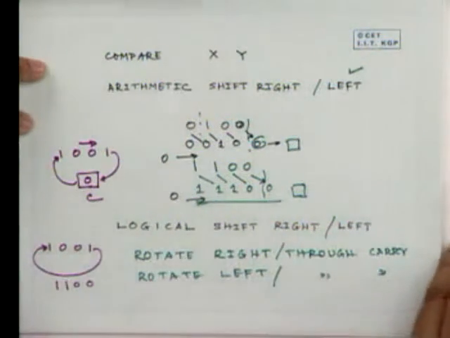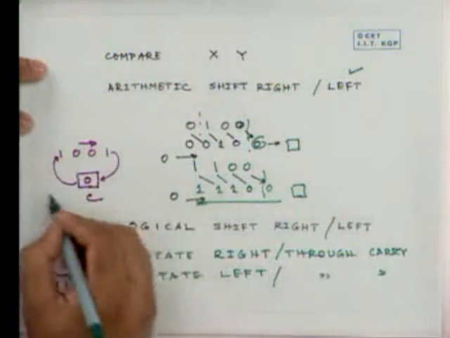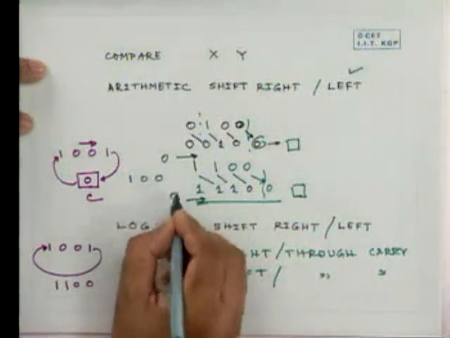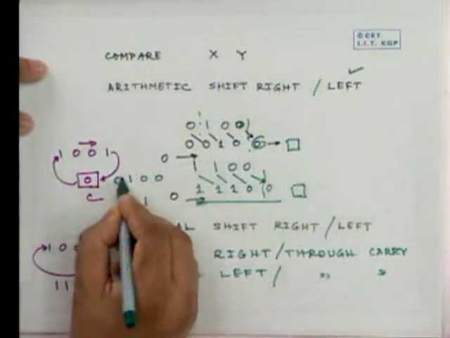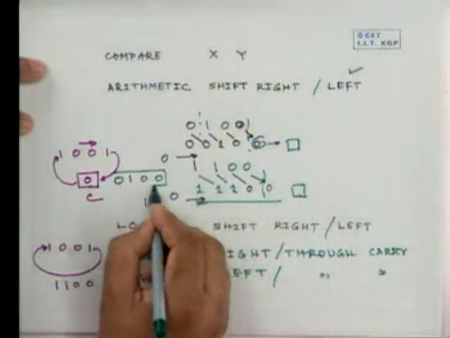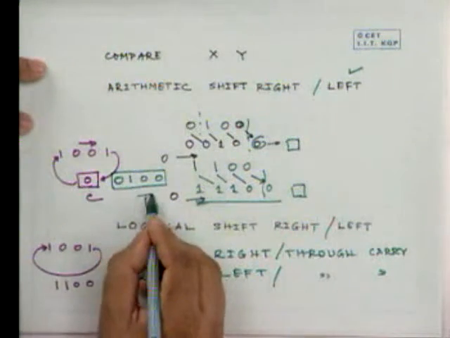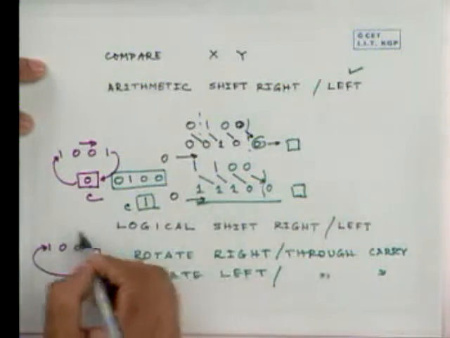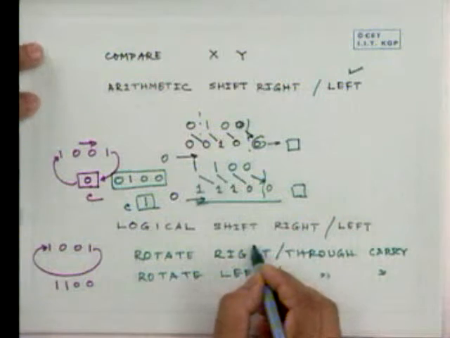Which means the result after this rotate right operation will be 1, 0, 0; this one comes here and this 0 comes here. So this will be the content of this operand, and the carry will now contain this one that comes from the least significant bit. That is our rotate right operation.